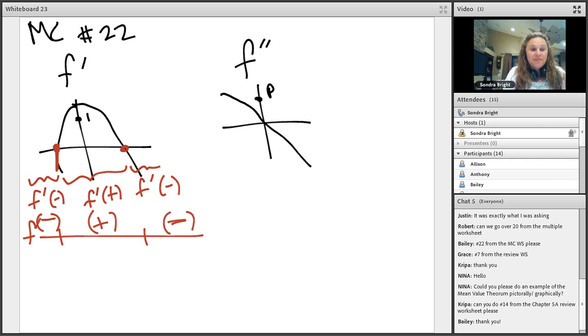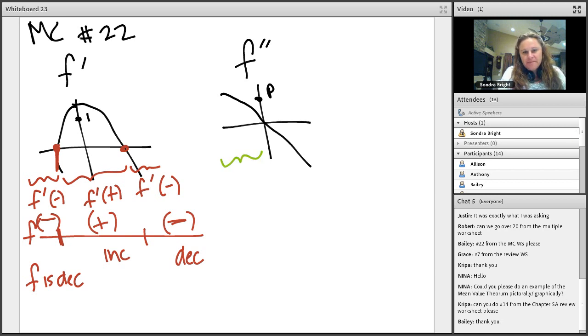All right, so what that means is that the graph of F is decreasing up until whatever value that is, yeah? And then it's increasing, and then it's decreasing. Come over here to F double prime.